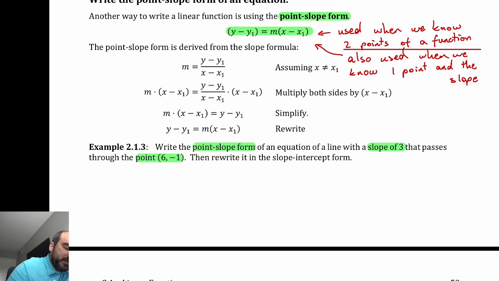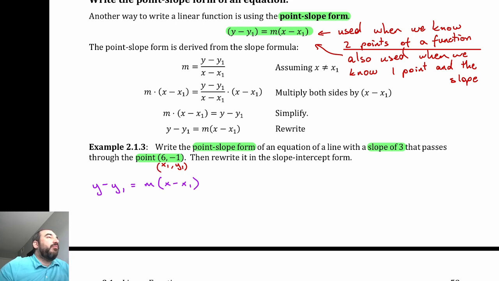So we're going to start with y2 minus y1. Sorry, not y2 minus y1. We're going to start with y minus y1 equals m times x minus x1. And in this equation, the point that we have is going to be x1 comma y1.